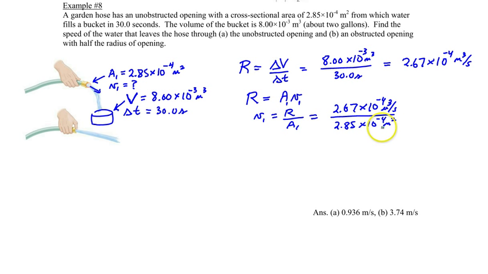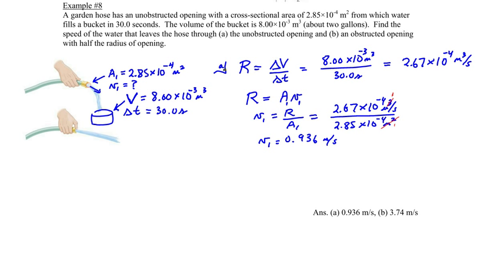The meters squared cancel out, leaving units of meters per second. This gets you a velocity of 0.936 meters per second. So there's part A.